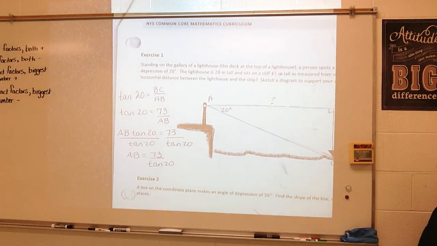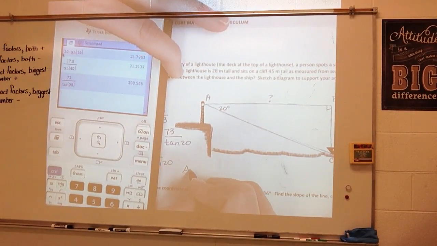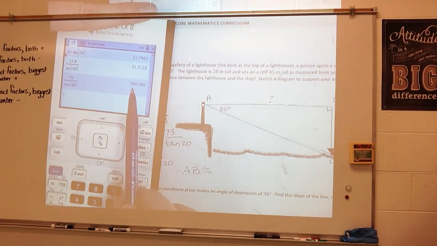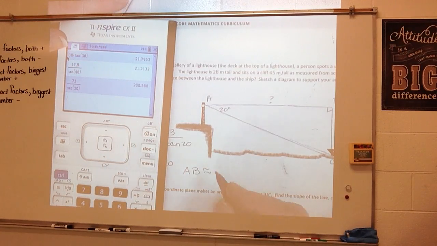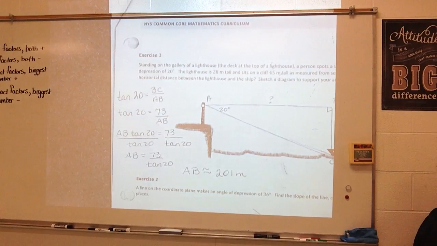I'm going to go to my calculator and do 73 divided by the tangent of 20, which gives me that AB is approximately, rounding to the nearest meter, 200.566, which would be 201 meters. So it is approximately 201 meters from the shore.